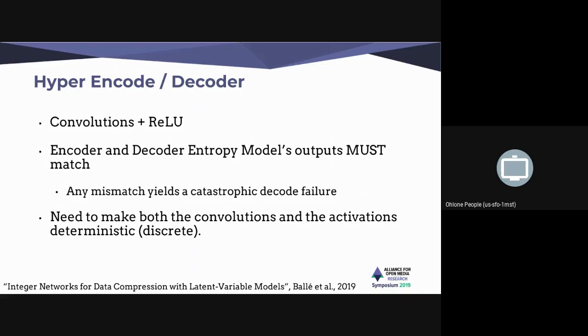We know that this decoder and encoder need to agree on what was used. So whatever we use during training has to produce exactly the same results as it will be produced from that point on. So any mismatch of any kind will lead to some catastrophic decode failure. So we need to worry about making convolutions and activations completely deterministic.